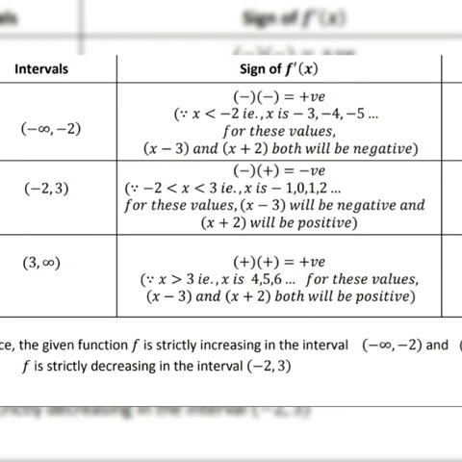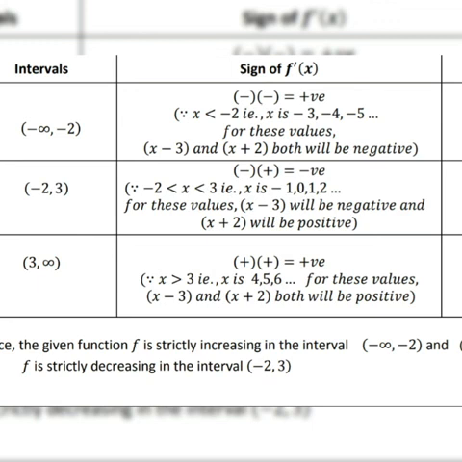Don't check for the value, that real number, check only for the sign. In f prime of x, we have two factors, x minus 3 and x plus 2, which will determine the sign, because the other number is already a constant, which is positive. So when you take any value between minus infinity and minus 2, we find that the sign of f prime of x is positive. So the graph is increasing in the interval of minus infinity to minus 2.